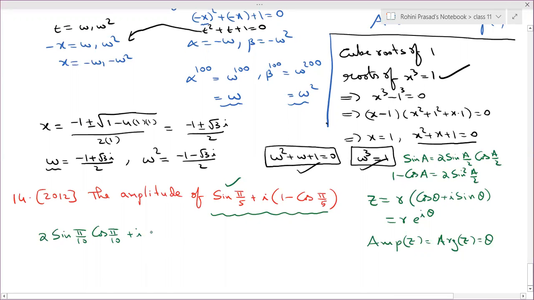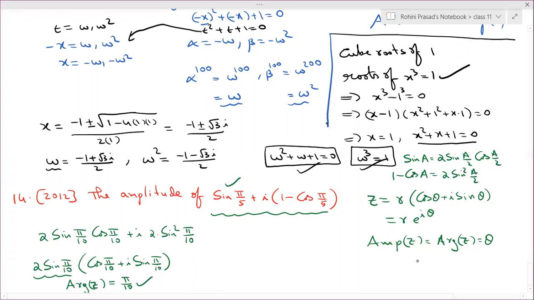If you use that formula, this is 2 times sine square pi by 10. Now the 2 sine pi by 10 is common. So you remain with cos pi by 10 plus i sine pi by 10. So it's very clear that the r is 2 sine pi by 10 and the argument, or amplitude, whatever name you give for the complex number, the argument of it is just pi by 10, and that's the answer.